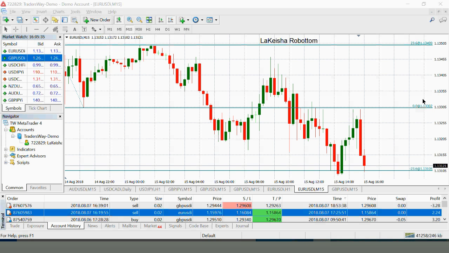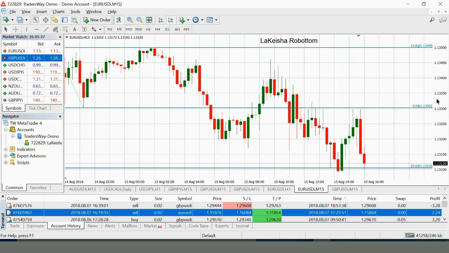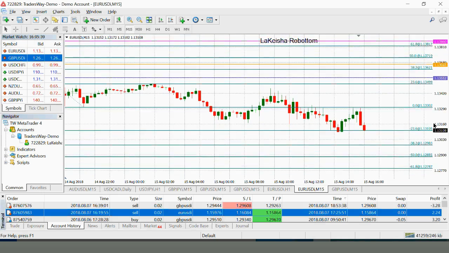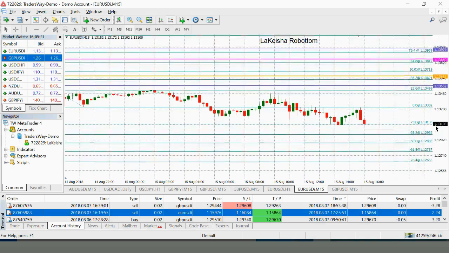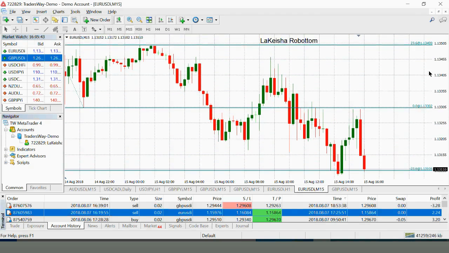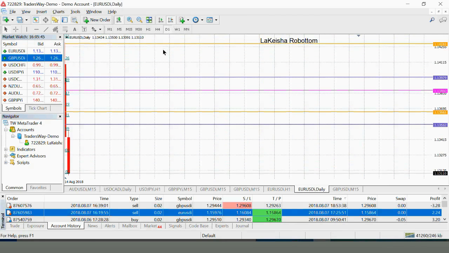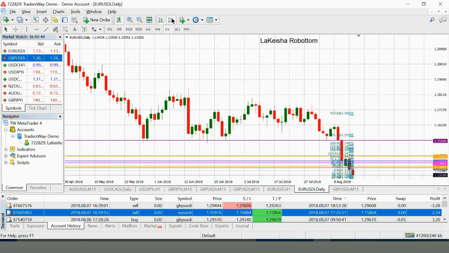I've already plotted support and resistance zones in this chart for the week from my daily chart as well as from my hourly chart.